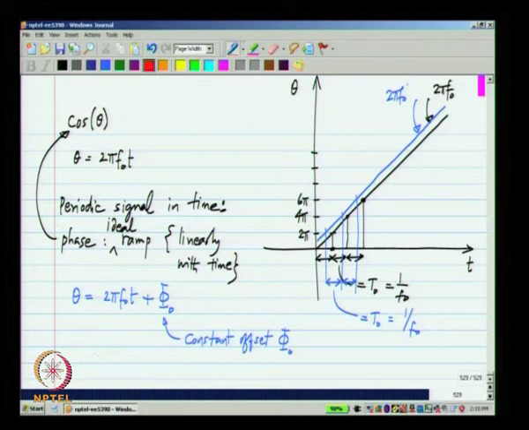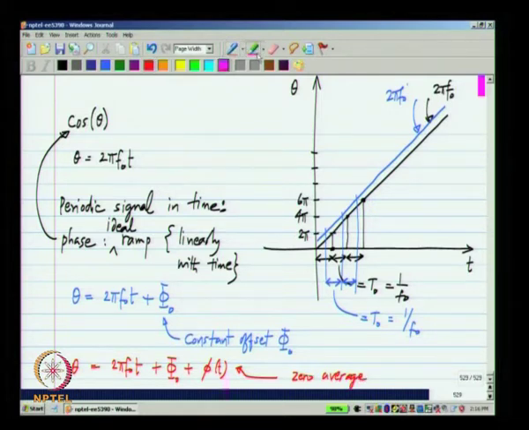Next, let us take a different case where I have this offset as well as some part that varies with time, and I will assume for now that this has a 0 average. Okay. That is, any average value is captured in this constant offset, and this phi of t itself has a 0 average. Okay.